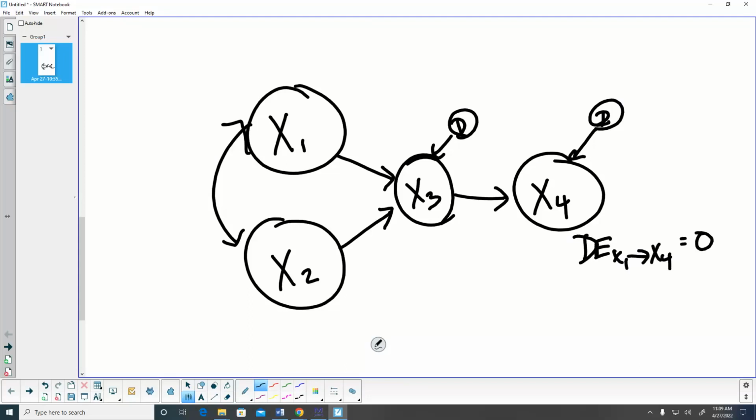Let me label the paths A, B, C. Is there an indirect effect from X1 to X4? Yes, right? So the indirect effect of X1 to X4 is equal to A times C.